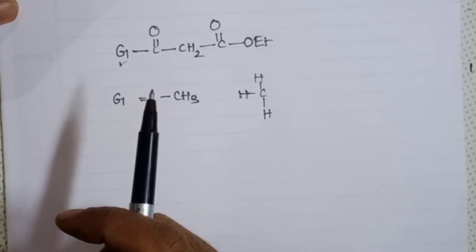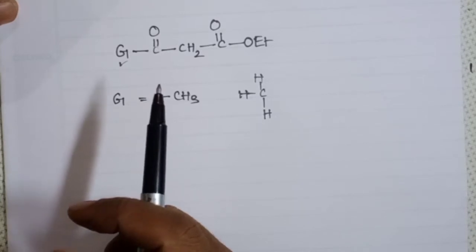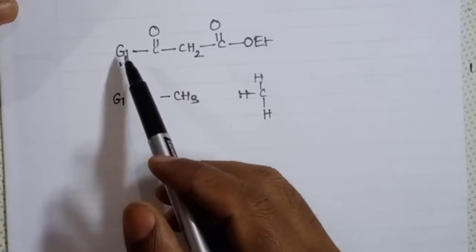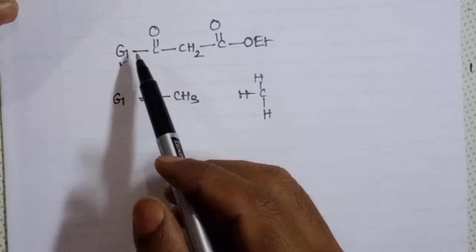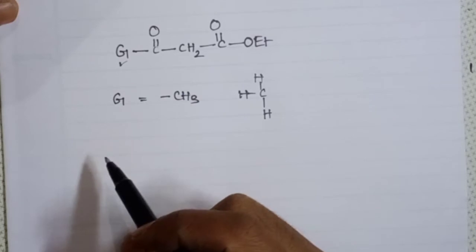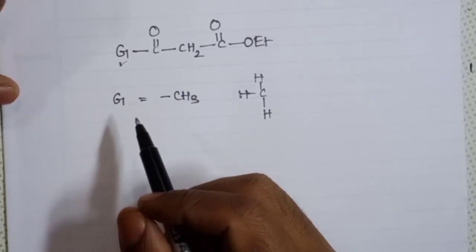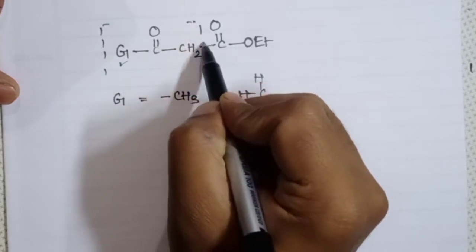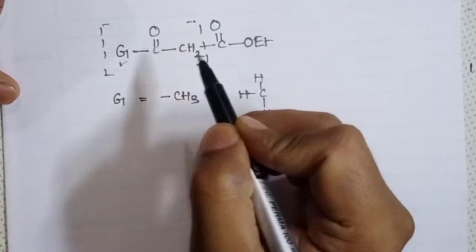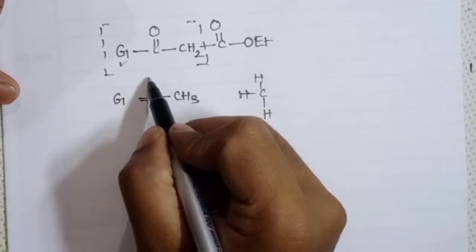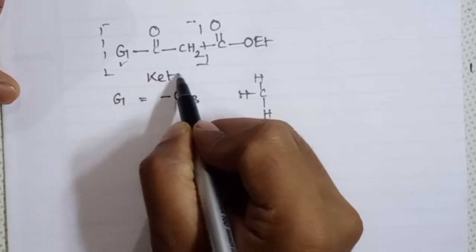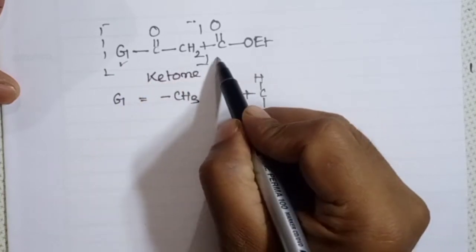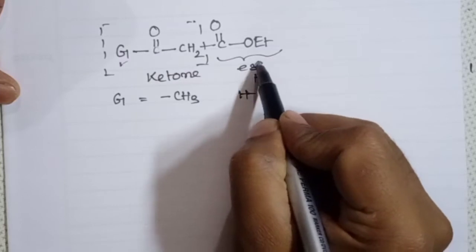So acetoacetic ester and diethyl malonate differ based on the group attached to the ketonic group. What would be the ketonic group? If you see, this one is a ketone. This one is a ketone, C double bonded O, with carbon on both sides, so hence it's a ketone. And this one is an ester.